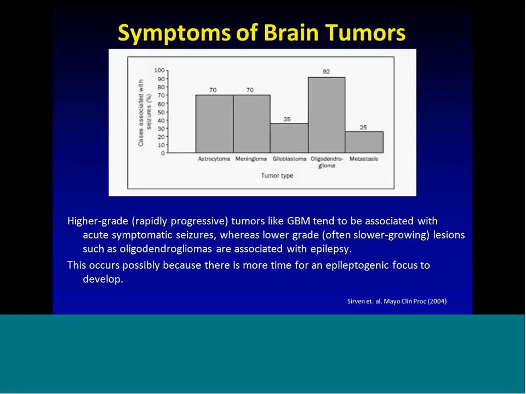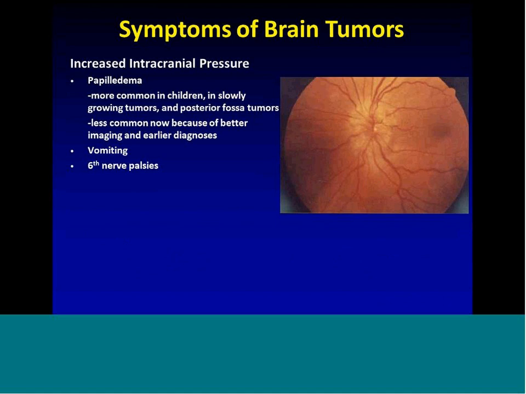And this is just a breakdown of different symptoms of presenting seizures. What you can see here is that the low-grade tumors, we'll go over grades in a second, so don't worry, are more likely to be associated with seizures in the astrocytoma and meningioma, whereas glioblastoma is less likely to be associated with actual seizures, and more with focal symptoms, headaches, and even metastatic abnormalities.